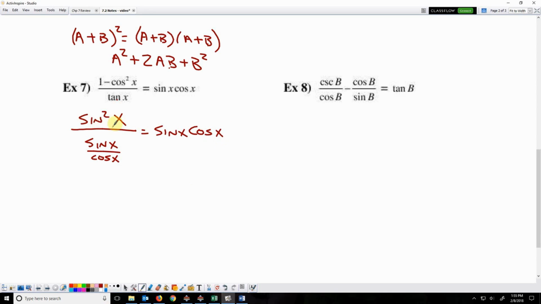So I've got sine squared, and I can just put that over 1 over sine x over cosine x. So when I multiply the outer loop, I get sine squared x cosine x, and that's my numerator. The inner loop is sine x.